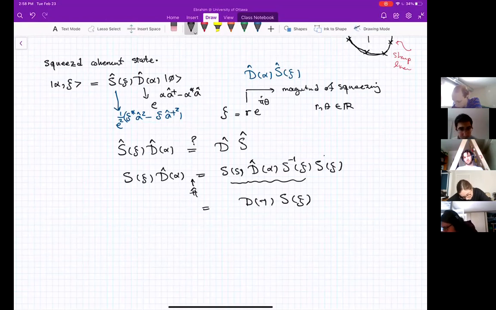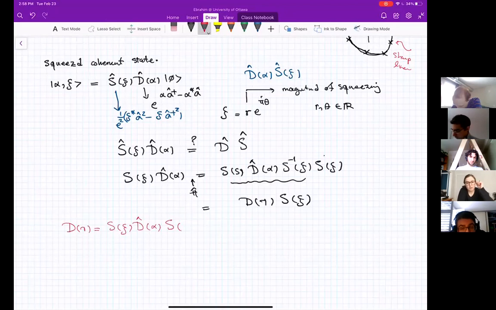Okay, which D of gamma is set to be S of zeta acting on D of alpha, S of -1 zeta. So if you pay attention, I have introduced a new parameter, gamma.